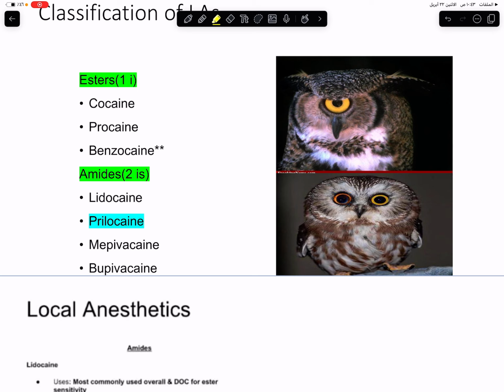The most commonly used in our clinics is lidocaine. Most commonly used overall, and the drug of choice for those sensitive to esters. If someone has hypersensitivity, like even in ophthalmology, where normally we use esters, then we will use lidocaine.